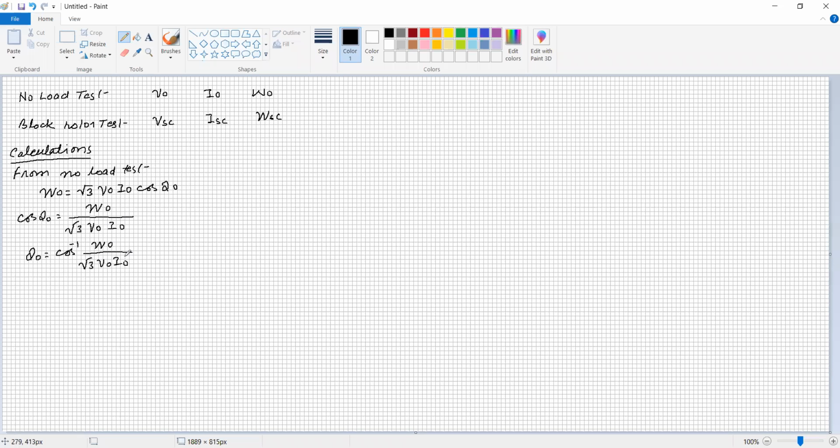So our objective is to calculate the no load power factor angle.